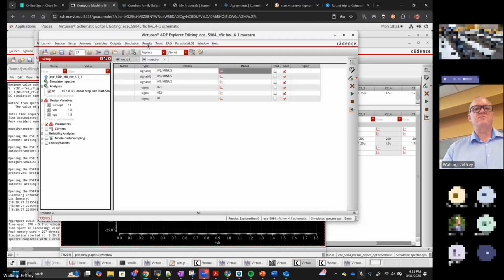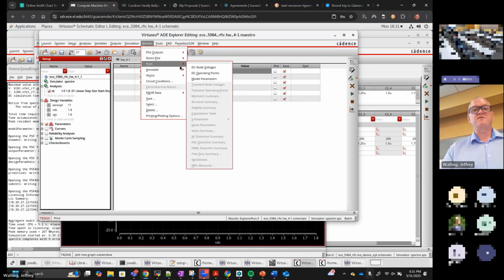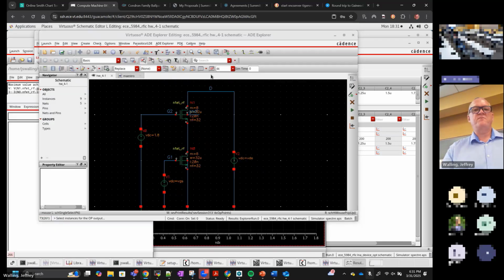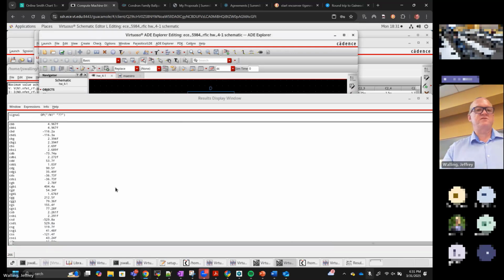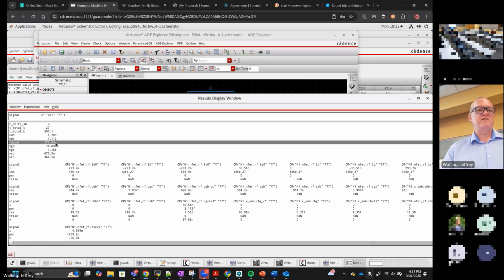So we can go to results, results print, DC operating point, and we can grab each transistor, and V knee is also called VDS SAT. And you can see that it's, in this particular case, about 370.5 millivolts.